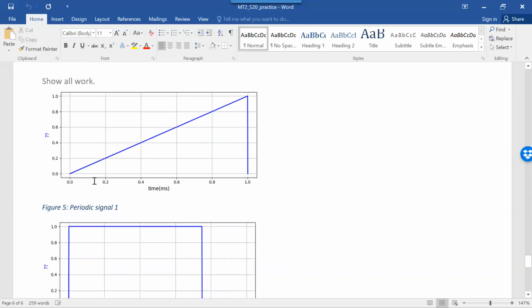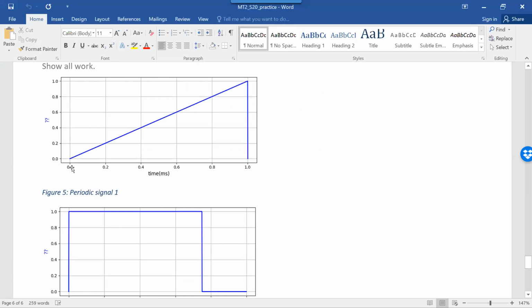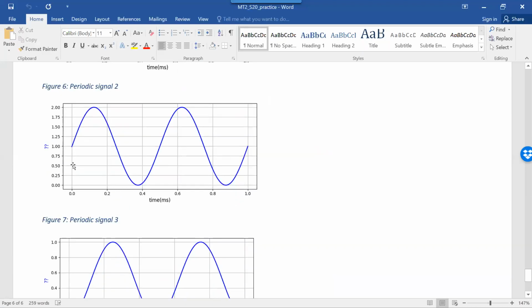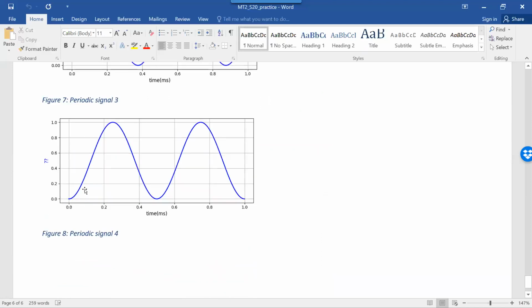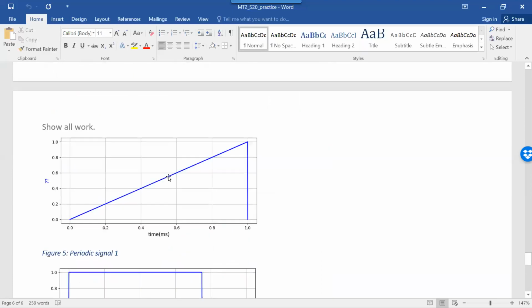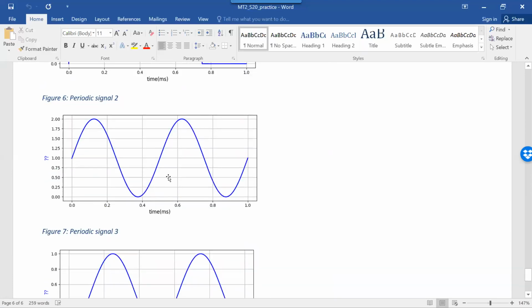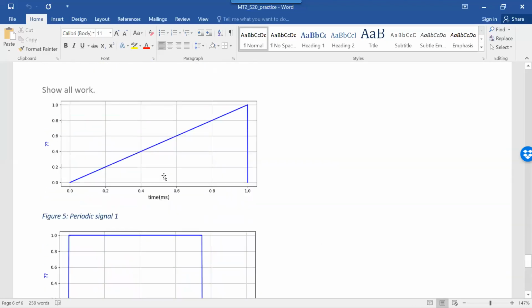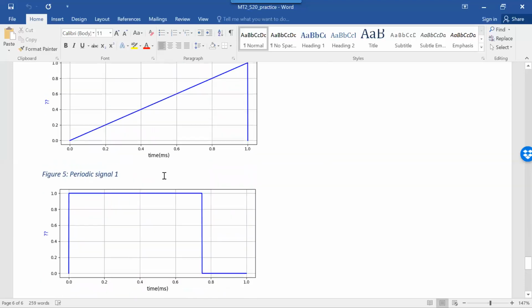Then we have some periodic signals. The period is 1 millisecond, 1 millisecond, half a millisecond, half a millisecond. So you want to try to see which ones are which. The way I would probably approach it is, first, are the frequencies right?